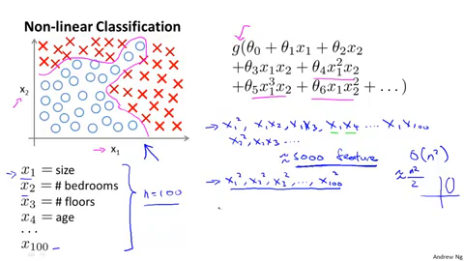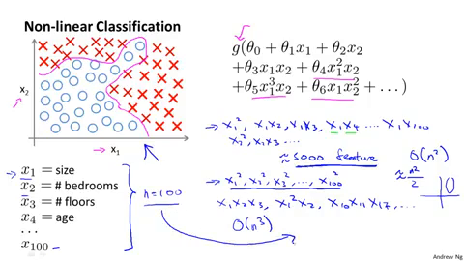If you were to include the cubic or third order polynomial features, the x1x2x3, x1 squared x2, x10x11x17, and so on, you can imagine there are going to be a lot of these features. In fact, they're going to be order n cubed such features, and if n equals 100, you can compute that you end up with on the order of about 170,000 such cubic features.